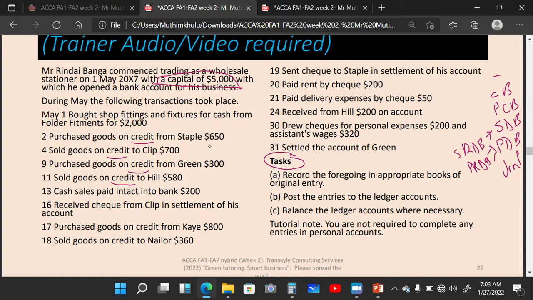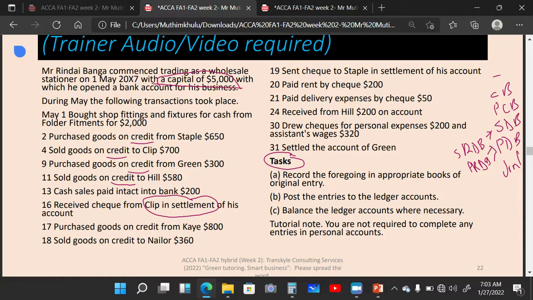All right, then we move on, because in the exam you don't have enough time to play. Received check from Clip in settlement of his account. Now this guy Clip is a receivable. We initially recorded this transaction in the sales daybook some time ago, and he has come to settle his account.